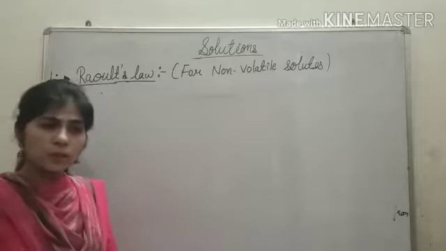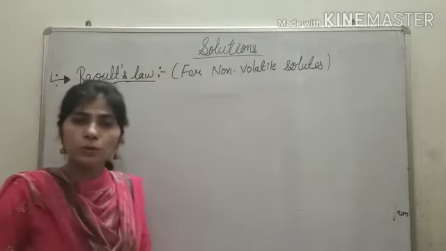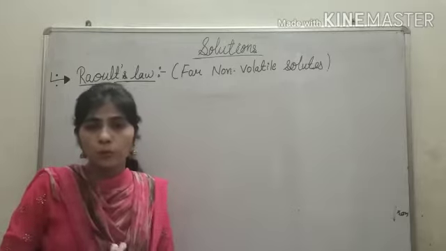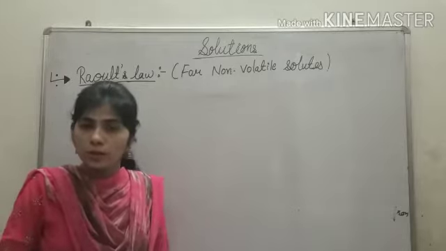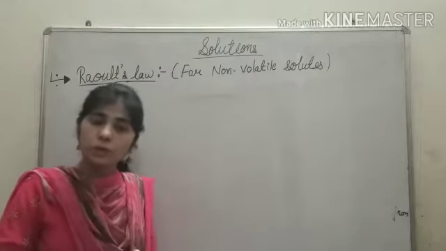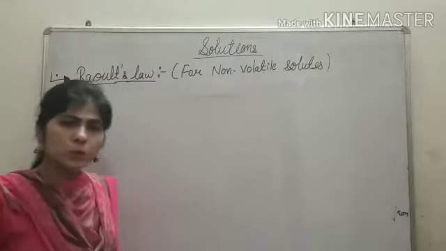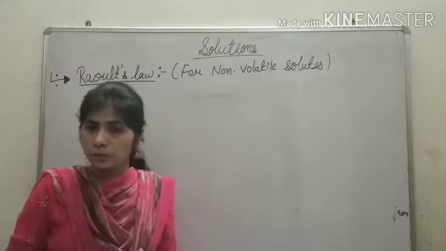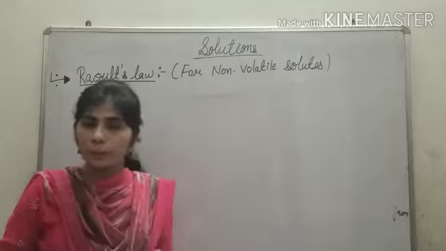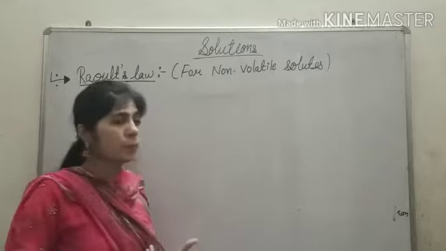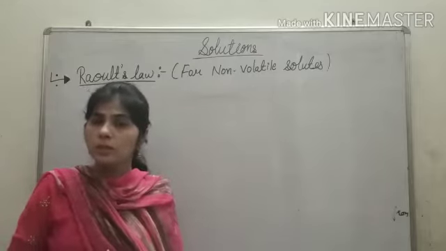This is because some of the solute particles occupy the positions of liquid solvent on the surface of the liquid, due to which less amount of vapors are formed, which reduces the vapor pressure of the solution.